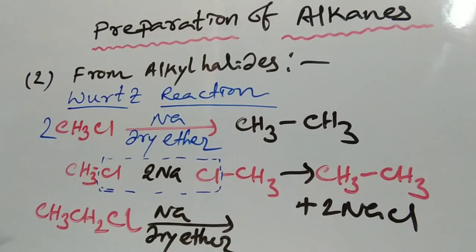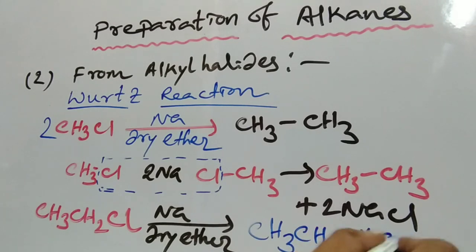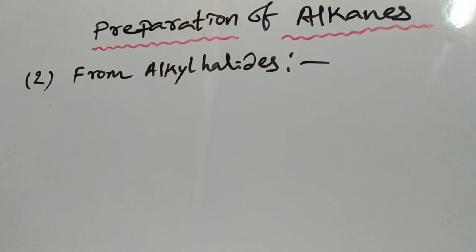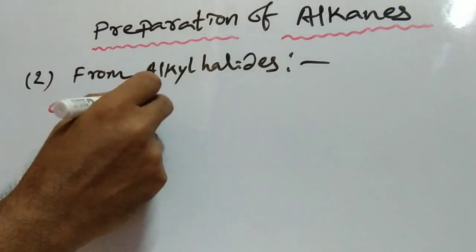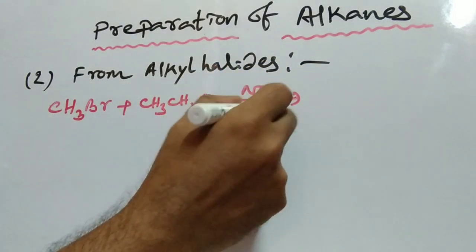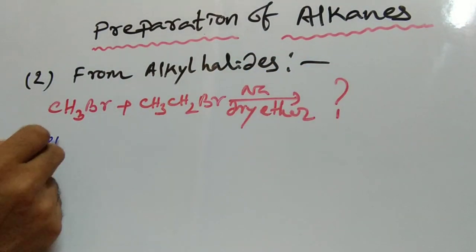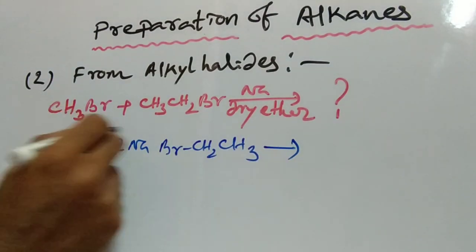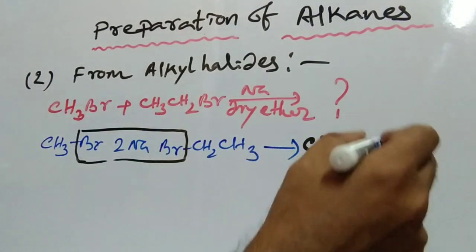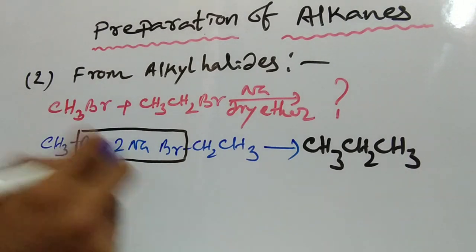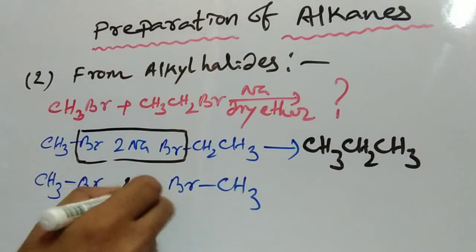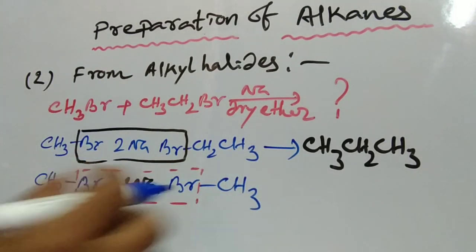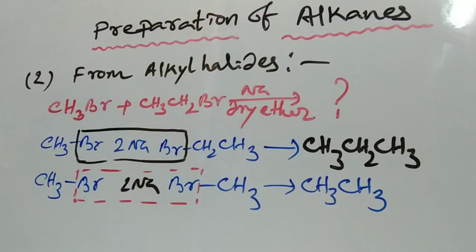If two different alkyl halides are taken for preparing an alkane with an odd number of carbon atoms, a mixture of products is obtained. When ethyl bromide and methyl bromide react in the presence of sodium, a mixture of ethane, propane and butane is obtained. This is because the two alkyl halides not only react with each other, but they react amongst themselves also.